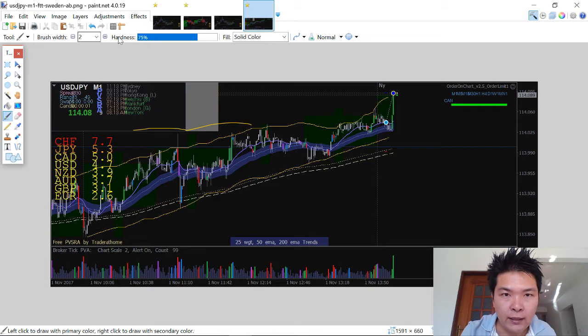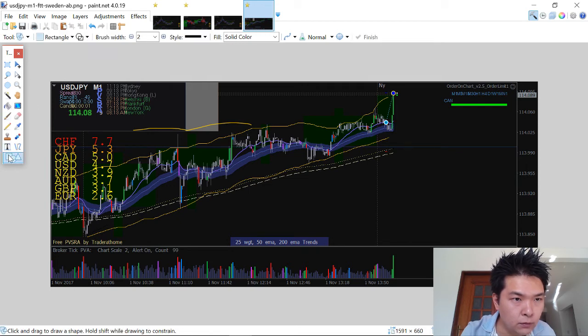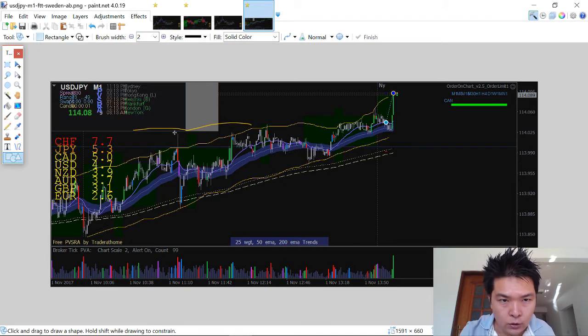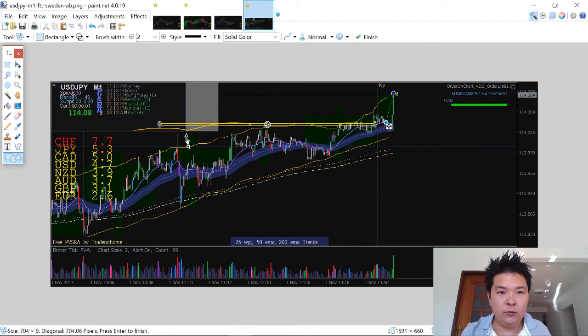I'm looking for a line, so how about this? Okay, this may work. So can you guys see this area here? You can see that there is an area like this, right? That serves as resistance, okay?